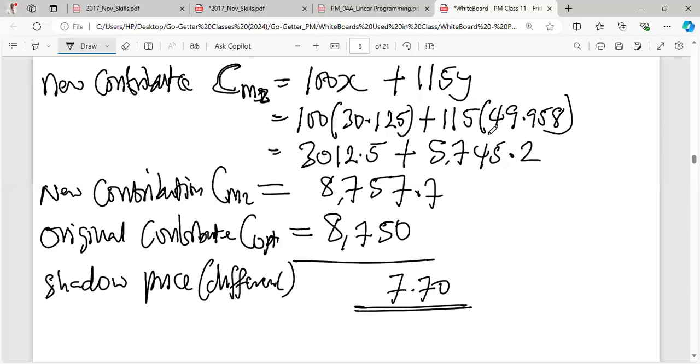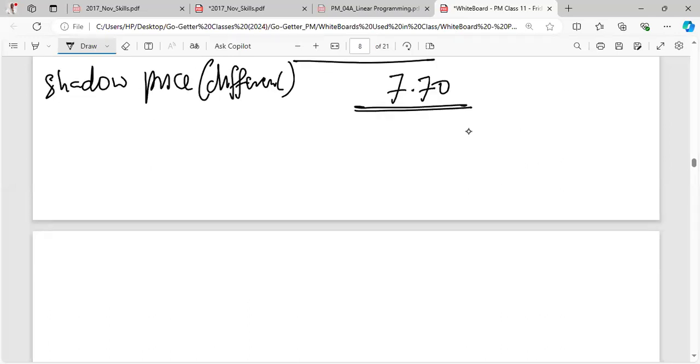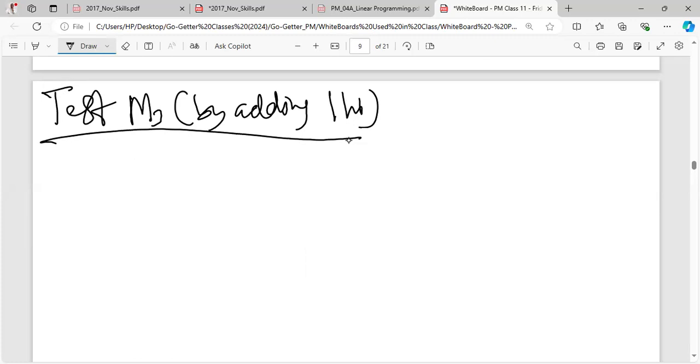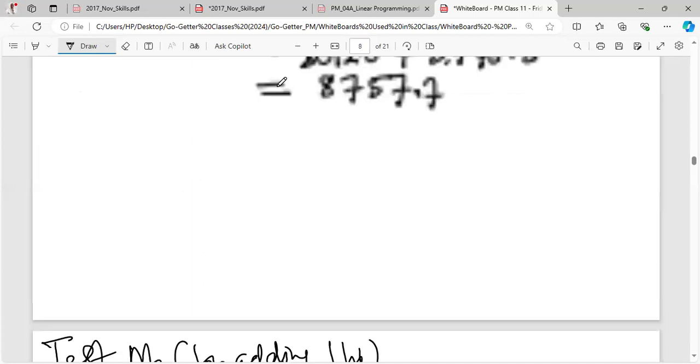Now, let's look at the second one to test M3 by adding 1 hour. So you bring the equation back.